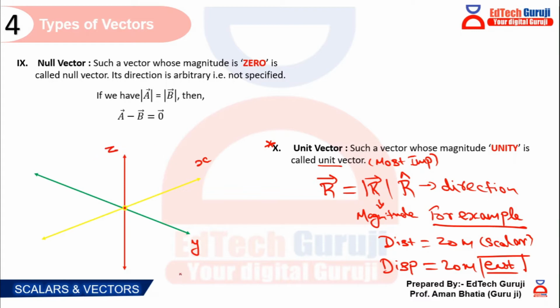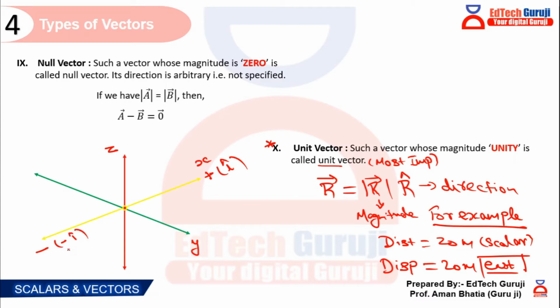Now we say that a unit vector along the x-axis is given by i cap. That means if this is the positive x-axis, the unit vector along the positive x-axis is given as i cap, and what will be on the negative x-axis? Then it is going to be minus i cap.